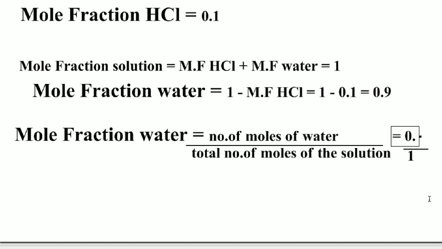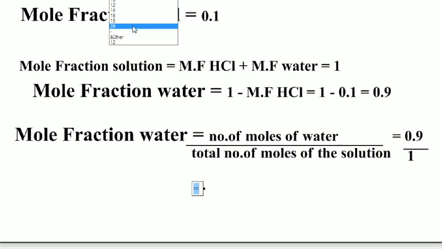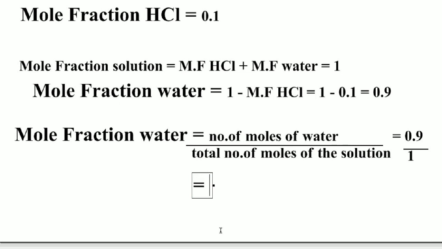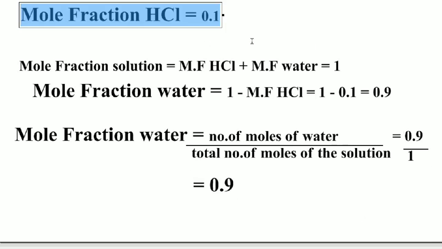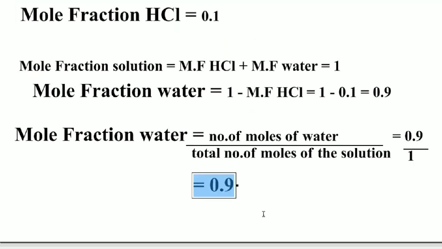So students, number of moles of water is 0.9 and the total number of moles of solution is 1. Therefore mole fraction of water becomes 0.9. So students, mole fraction of HCl is 0.1 and mole fraction of water is 0.9.